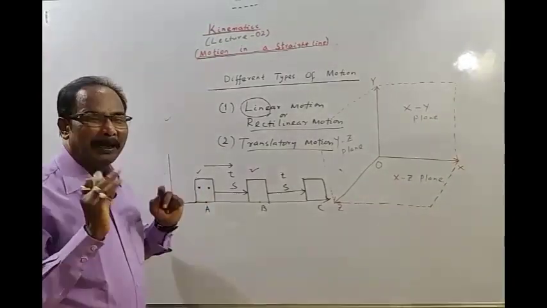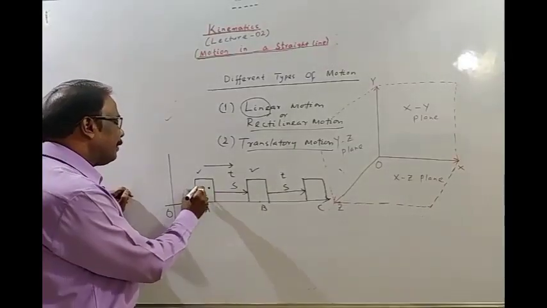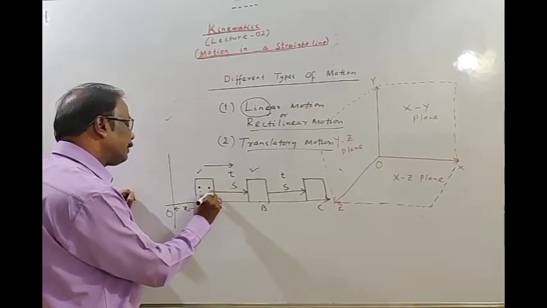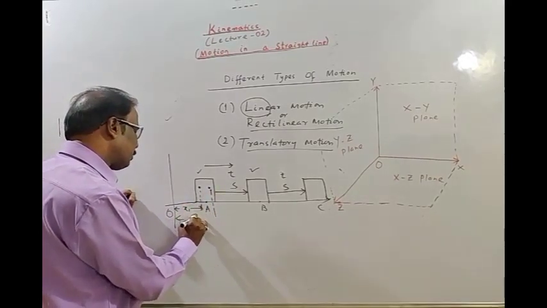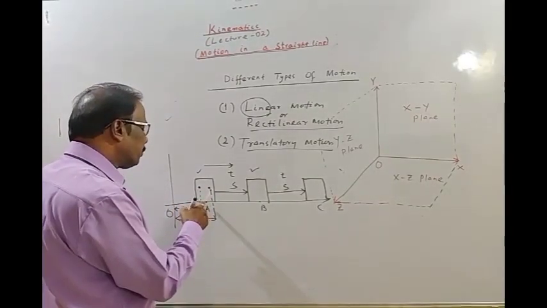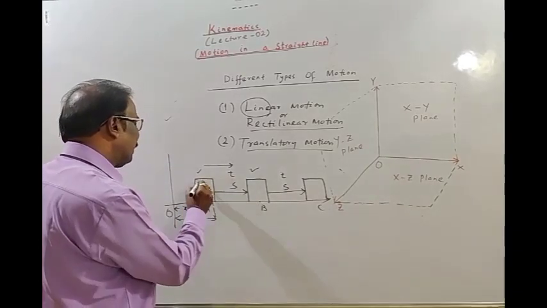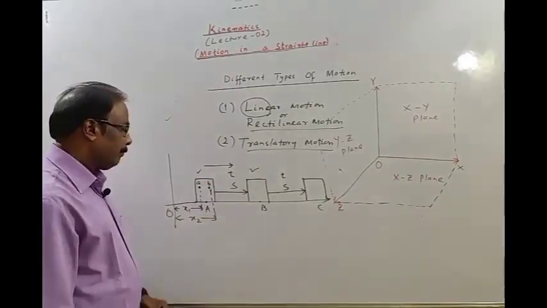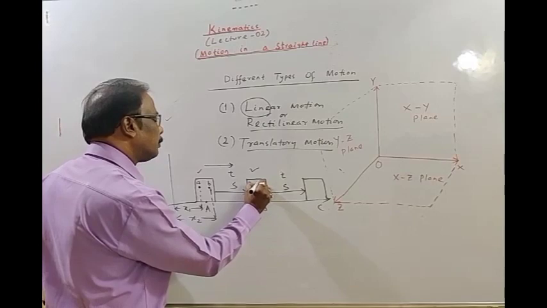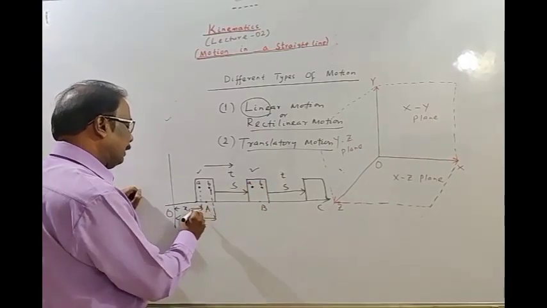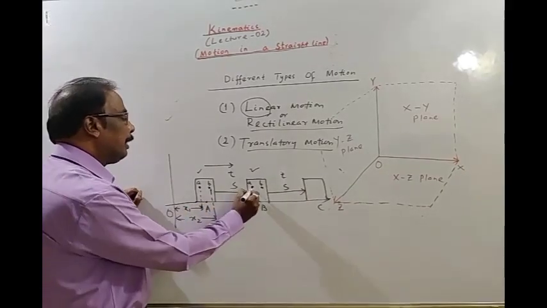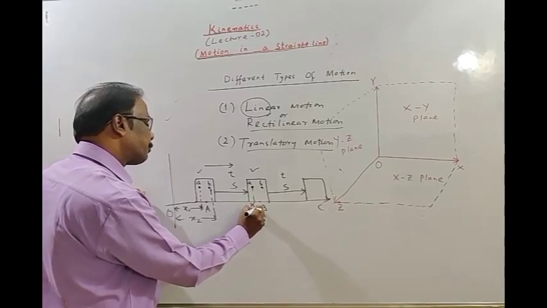Let's consider two particles of the body, particle A and particle B. Particle A is initially at a distance x1 from the origin, and particle B is at a distance x2 from the origin.